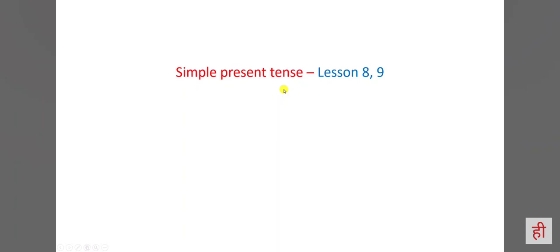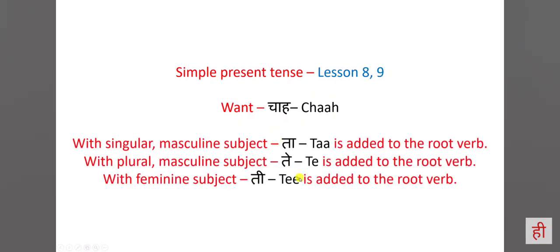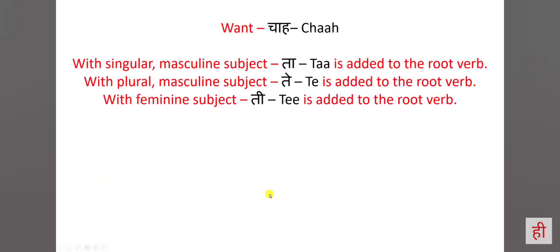But the main verb will be want, which is chah in Hindi. And since we will be framing simple present tense sentences, we will be using the suffixes meant for it, which are ta, te, and ti. Let me give you some examples.